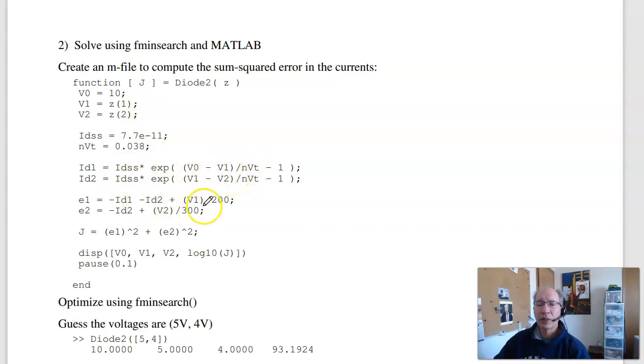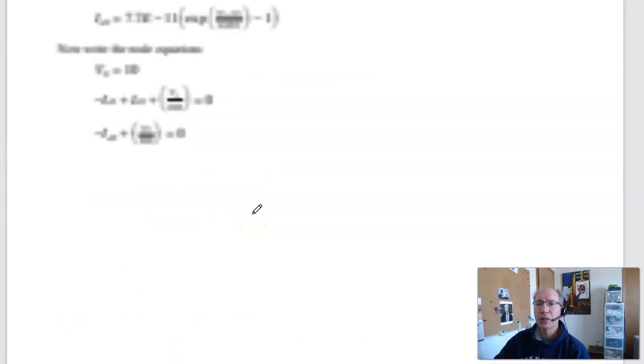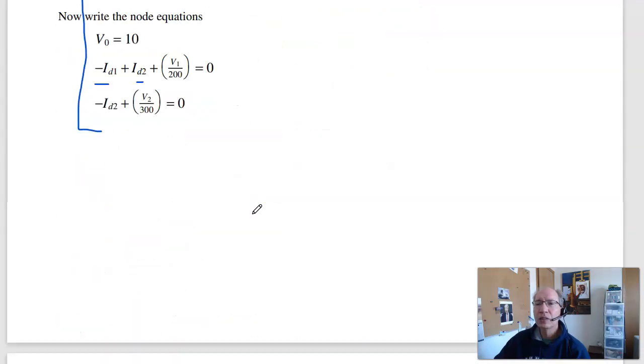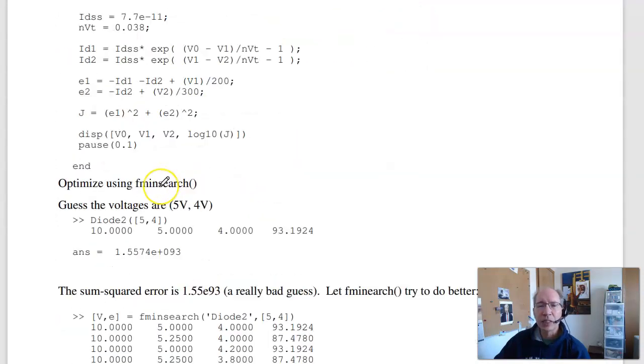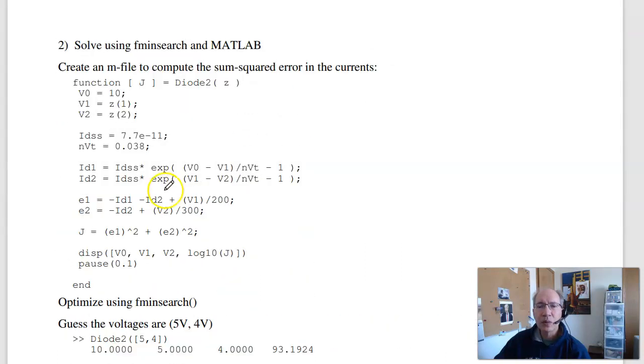I can then write the node equations. So minus ID1 plus ID2 plus V1 over 200 should equal 0. Minus ID2 plus V2 over 300 equals 0.